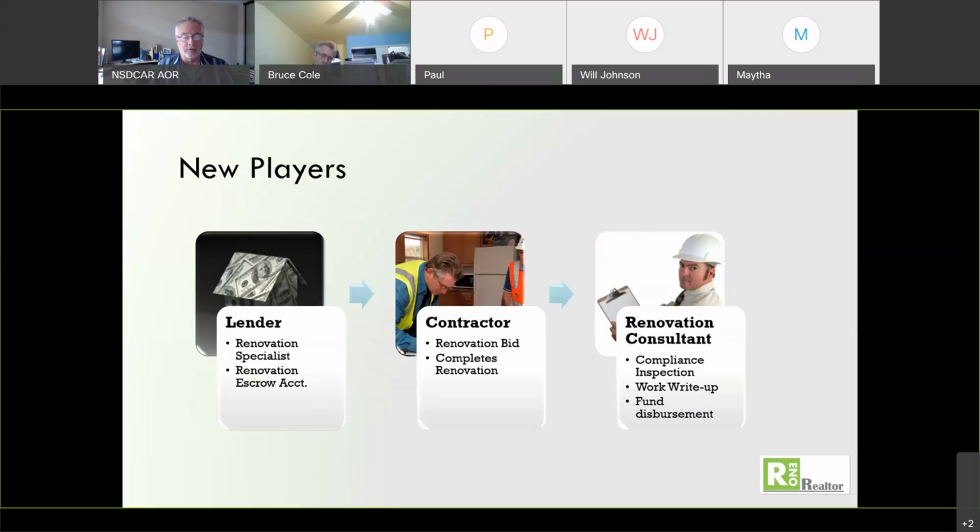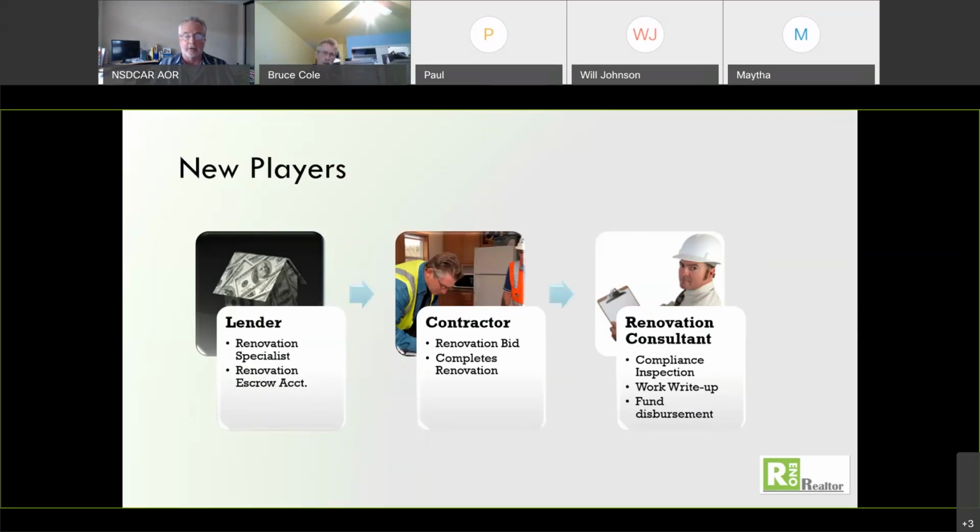What's different about these renovation loans is we have some new players involved in this transaction process. The lender really ideally should be a renovation loan specialist. The contractor becomes a key part of the process during the escrow.